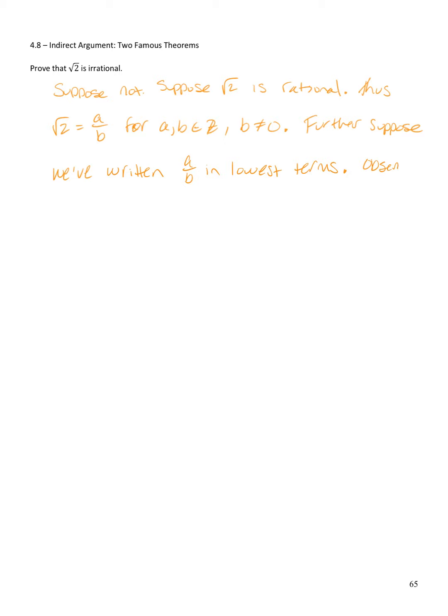So observe that square root 2 equals a over b tells us that if you square both sides, 2 equals a squared over b squared, which tells us that a squared equals 2b squared, which tells us that a squared is even, which by a theorem in the previous lesson that we proved tells us that a is even.